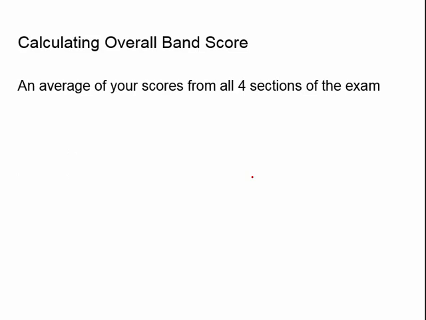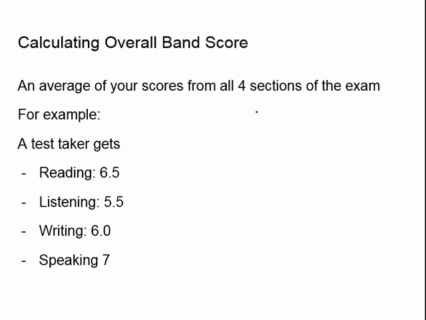All right, so how is band score calculated? An overall band score is just, as I said before, an average of your scores from all 4 sections of the exam. So for example, if this student gets a 6.5 in reading, 5.5 listening, 6 in writing, and a 7 in speaking, then we would just add all of these up and divide by 4.